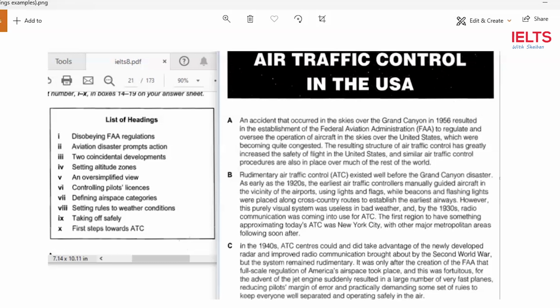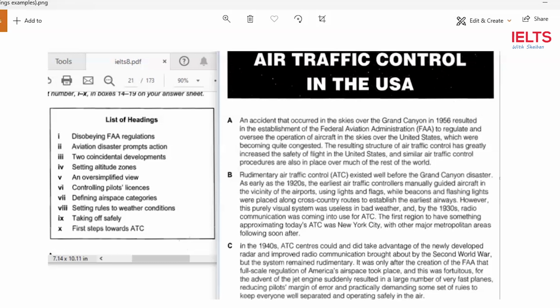As early as the 1920s, the earliest air traffic controllers manually guided aircraft in the vicinity of the airports using lights and flags, while beacons and flashing lights were placed along cross-country routes to establish the earliest airways. So again here, rudimentary air traffic control ATC existed well before the Grand Canyon disaster.